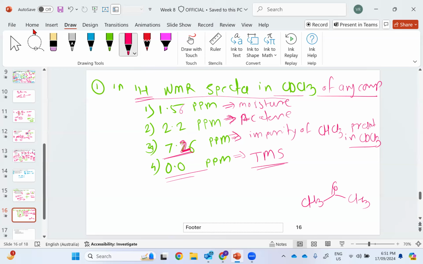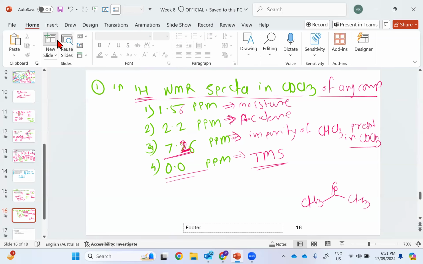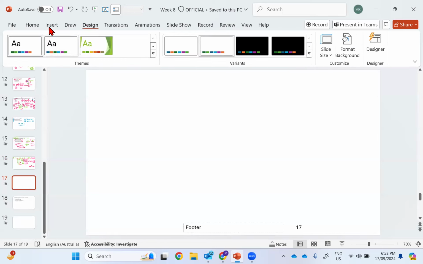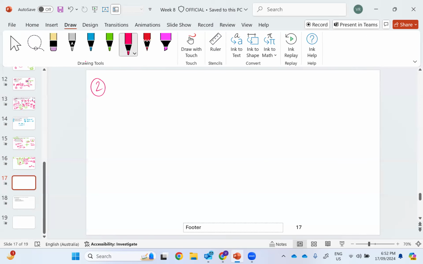And also, if you look at DMSO, the same applies. DMSO is CD3, S double bond O, CD3, right?